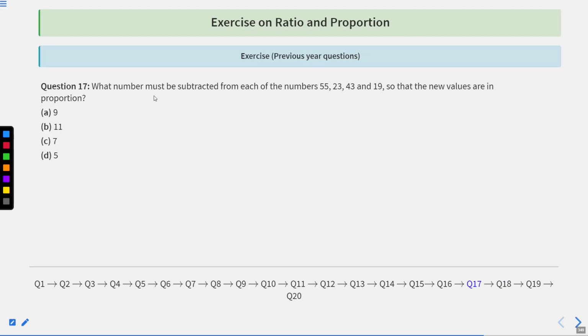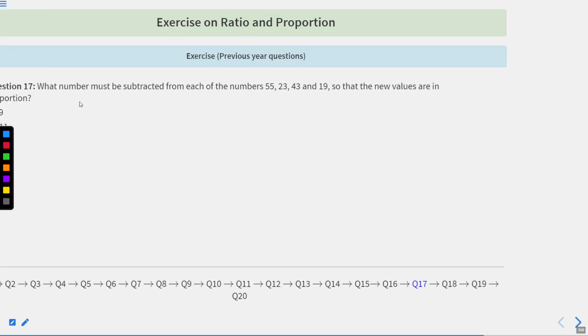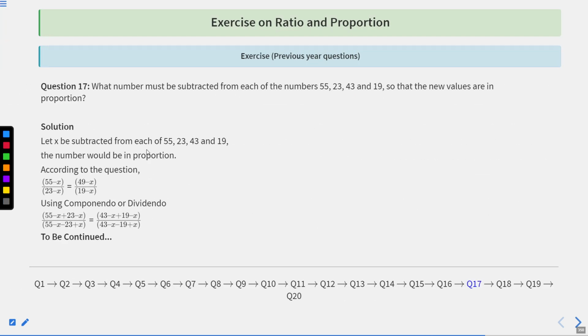Question number 17. What number must be subtracted from each of the numbers 55, 23, 43 and 19 so that the new values are in proportion? Let x be subtracted from each of these numbers and the numbers would be in proportion.